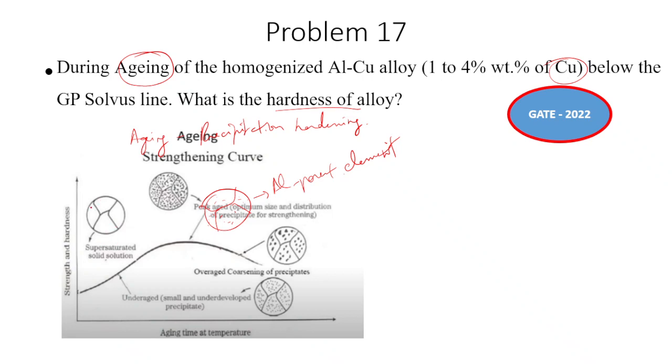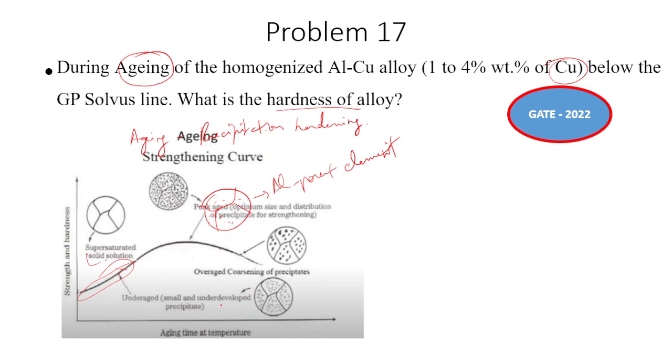Supersaturation has been reached, and then comes the conversion, and then there is the formation of precipitates. So at this particular point, it is underaged. You can say at this region, it is underaged.